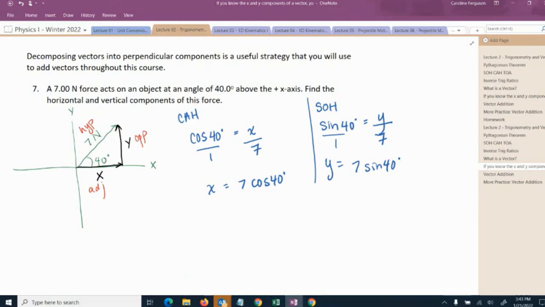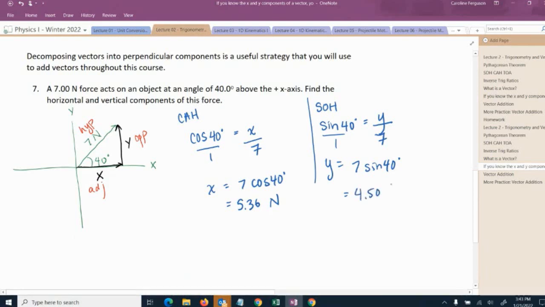You won't have time. Okay, so now I'm going to just type it. 7 cos 40. I'm going to just write down what you guys wrote. 5.36. And that's newtons. And for the y, it is 4.5. Is that right? I should check. 7 sine 40. Yeah, 4.5.